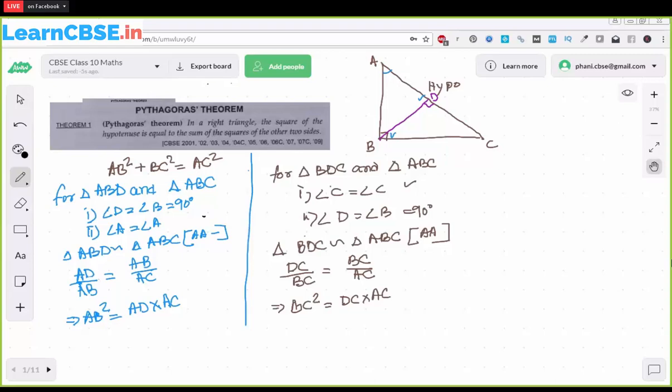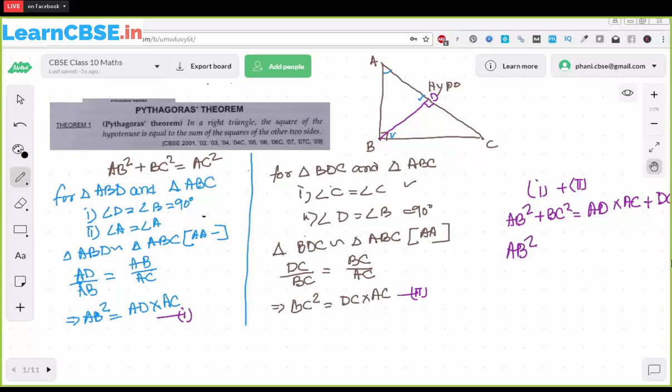Now you take these two relations, the first one and the second one, and just add them. We are adding equation 1 with equation 2. I'm getting AB square plus BC square equals AD into AC plus DC into AC.